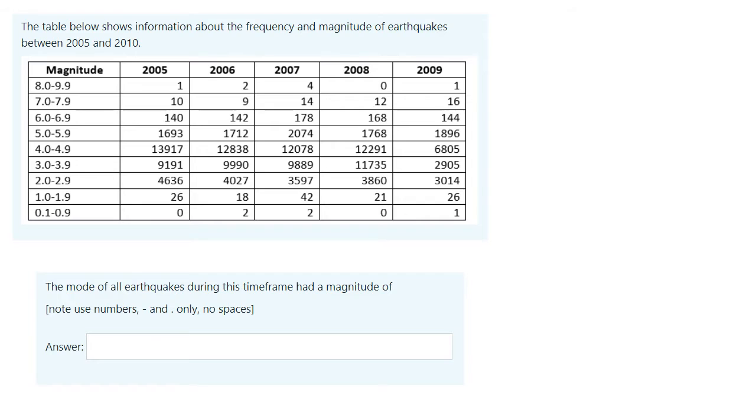The mode of all earthquakes during this time frame had a magnitude of what? The mode means the most common. Now, what does this table show us? This table shows us the frequency.